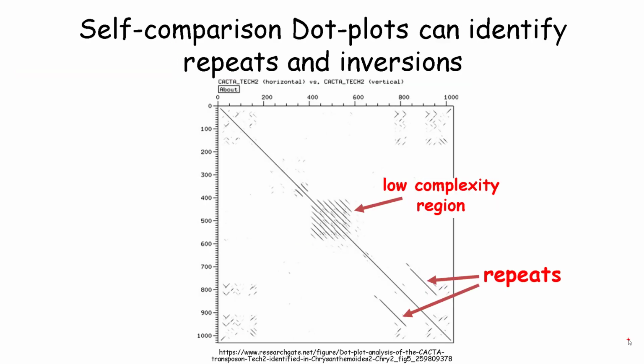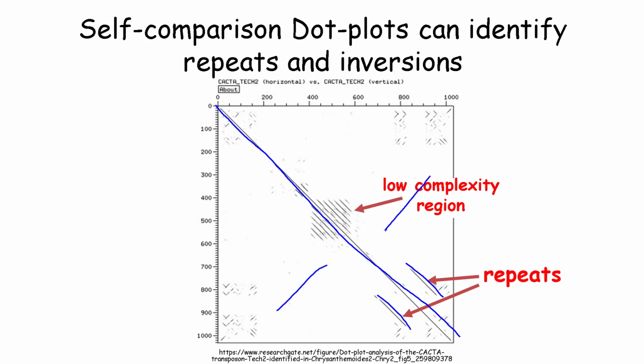We can create a dot plot of a sequence with itself to identify any repeating patterns within that sequence. In a self-dot plot, we would of course have the main diagonal line because every character is equal to itself. The repeating patterns will appear as line segments other than the main diagonal. Inverted repeats would also be detected as line segments that are slanted in the other way.